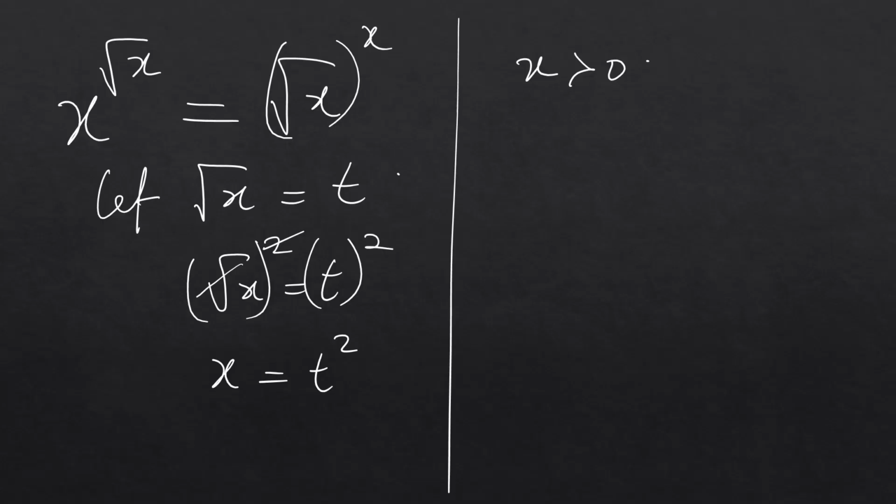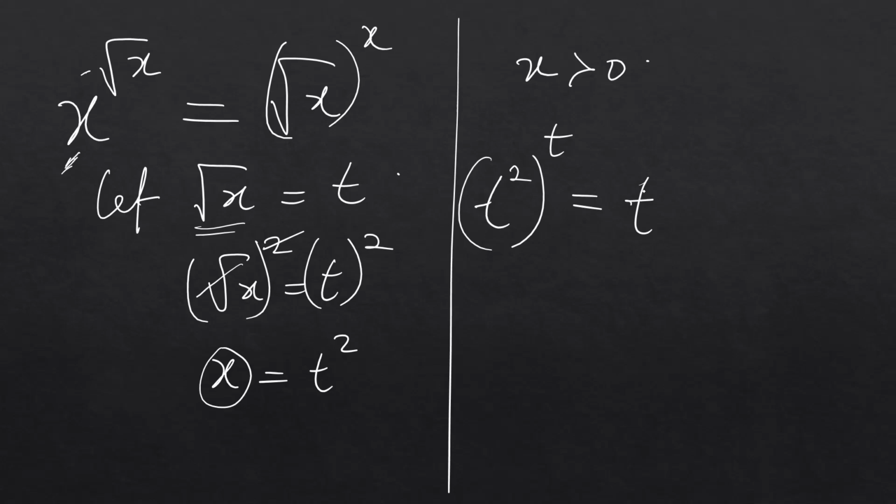Anywhere I see x, I'll put t squared. Anywhere I see root x, I'm going to put t. So I'll have t squared all raised to power t, and this is going to be equal to root x, which is just t, all raised to power t squared.